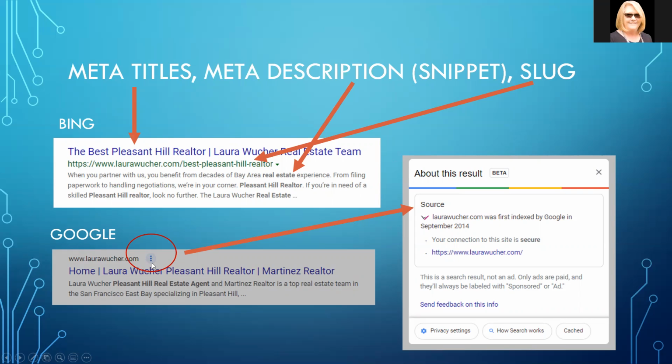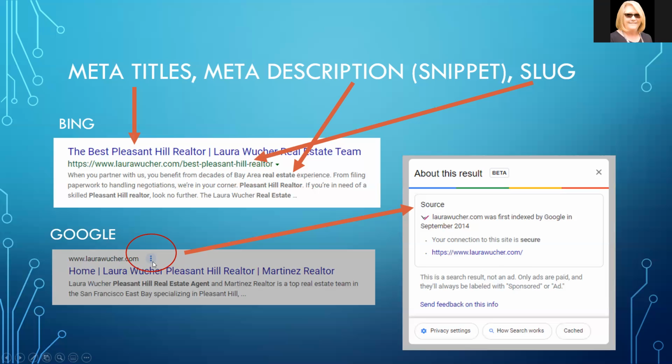But see these 3 little dots? If you click on that, and you can see about this result, and this is a beta version of their new SERP. So it shows you the slug in the description. This is a pop-up.